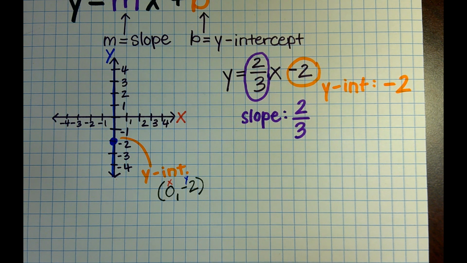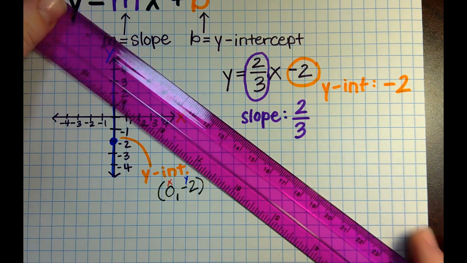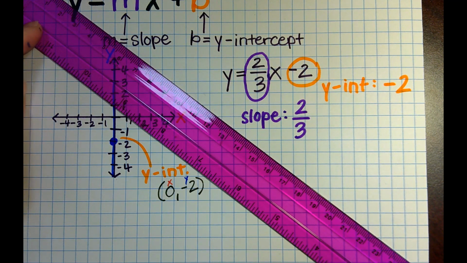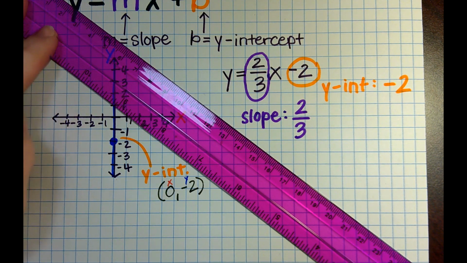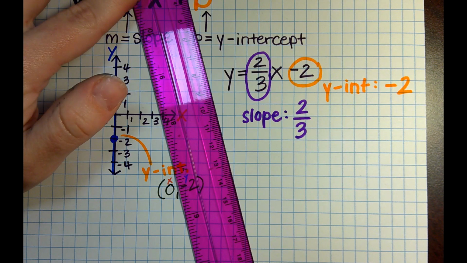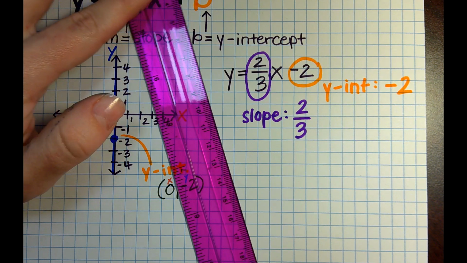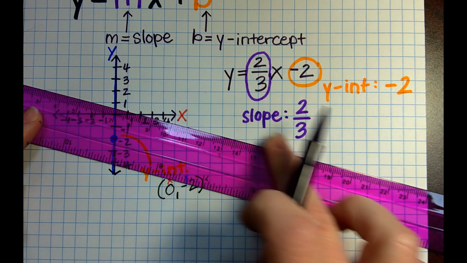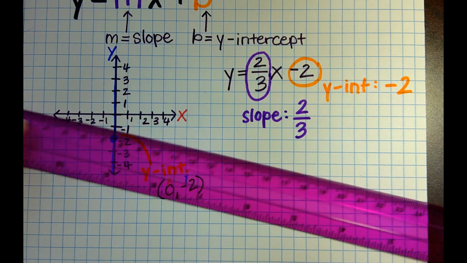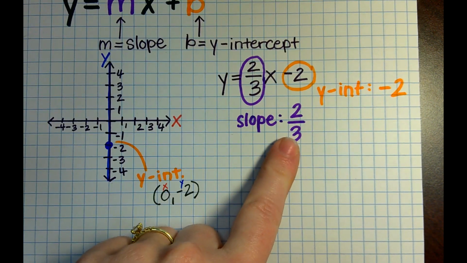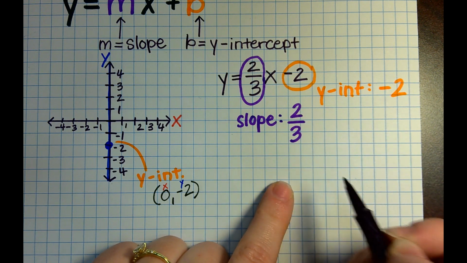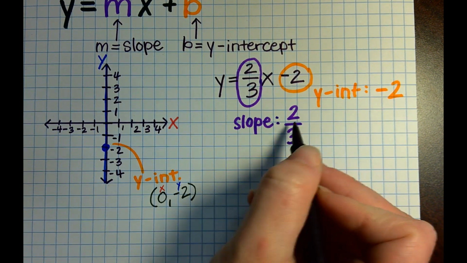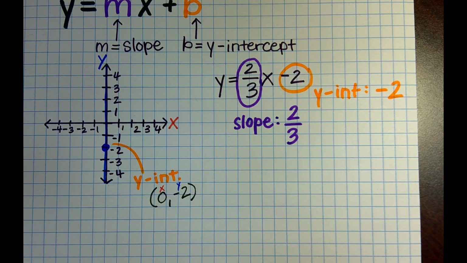If something has a really big slope, it will be steeper. When something has a small slope, it's not as steep. It's not as much of an incline. So my slope here is 2/3.